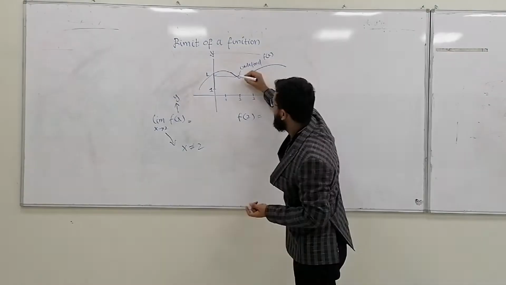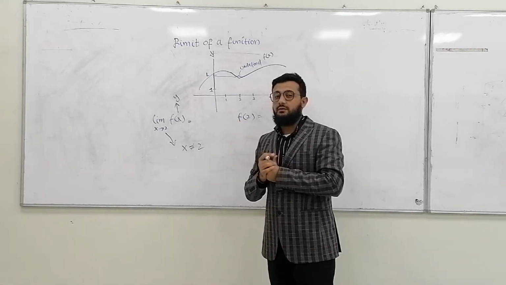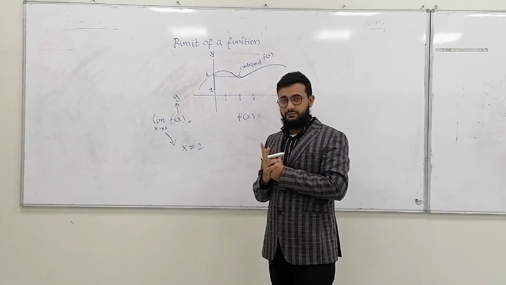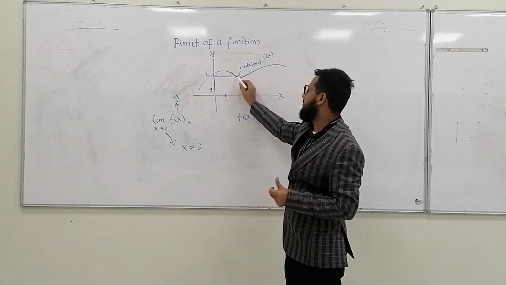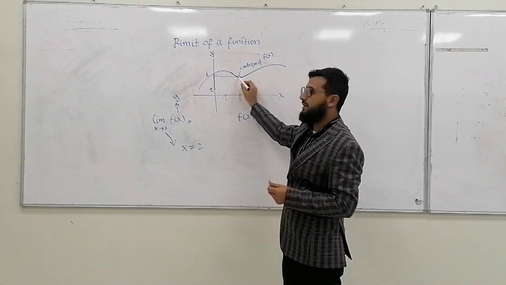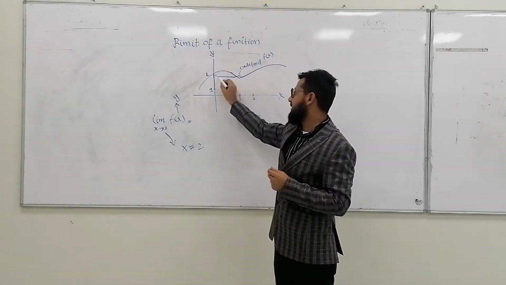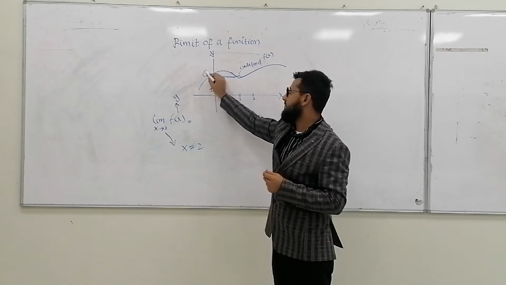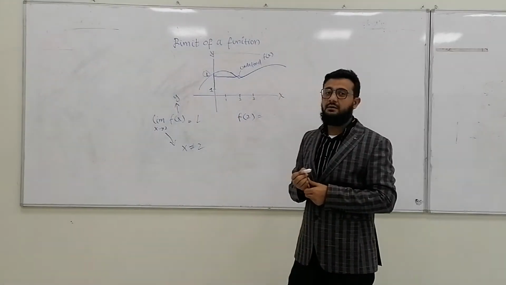We care about the points that are really close to the value of 2. So it is really easy to assume that as I get closer and closer, when I get really close to it, I can see that the value of y is, let's say, L.